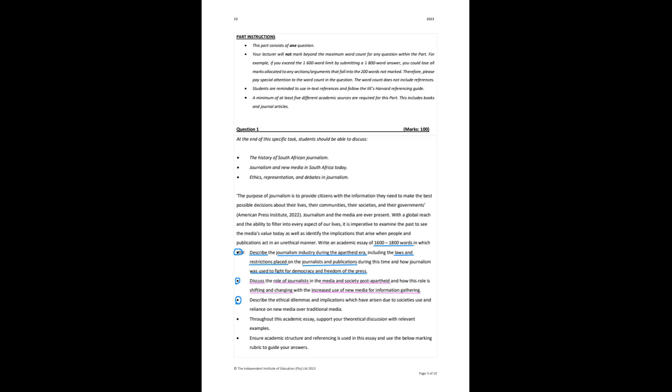So there's, again, the first part of the sentence is one aspect, and the second part is another aspect. So far we've got four key areas we're looking at. When you're looking at this point, again, I would split it into two paragraphs. One looking at the role of journalists and media, and the next paragraph looking at the shift and change because of new media. Right, does that point make sense?